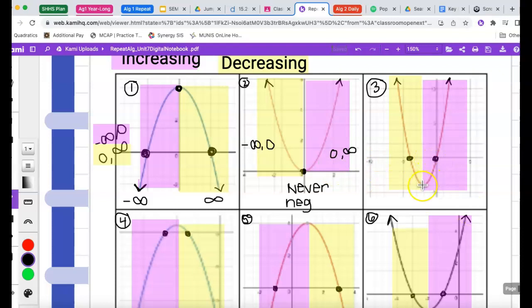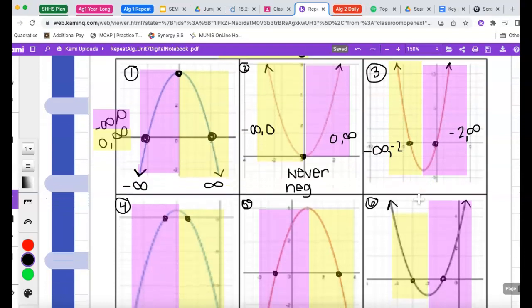This one is increasing from -2 to positive infinity. This one is decreasing from negative infinity to -2. So it's always the opposite. One is increasing, one is decreasing.